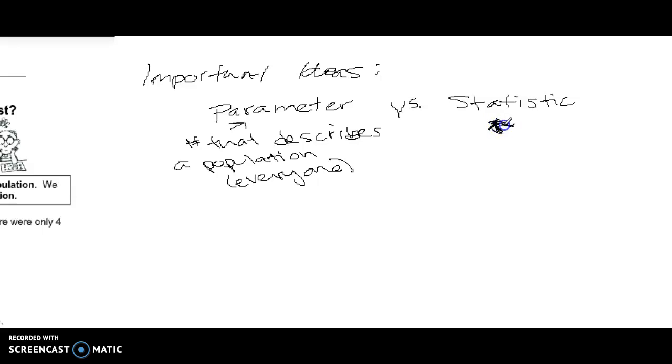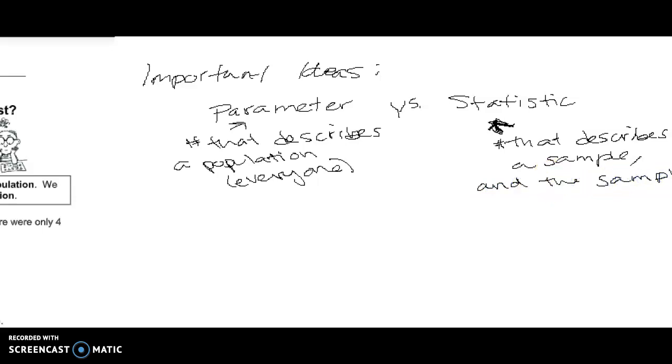This is a number that describes a sample, and the sample is supposed to represent the population. And we know from previous units that my sample is not always perfect. That's okay, we do what we can.